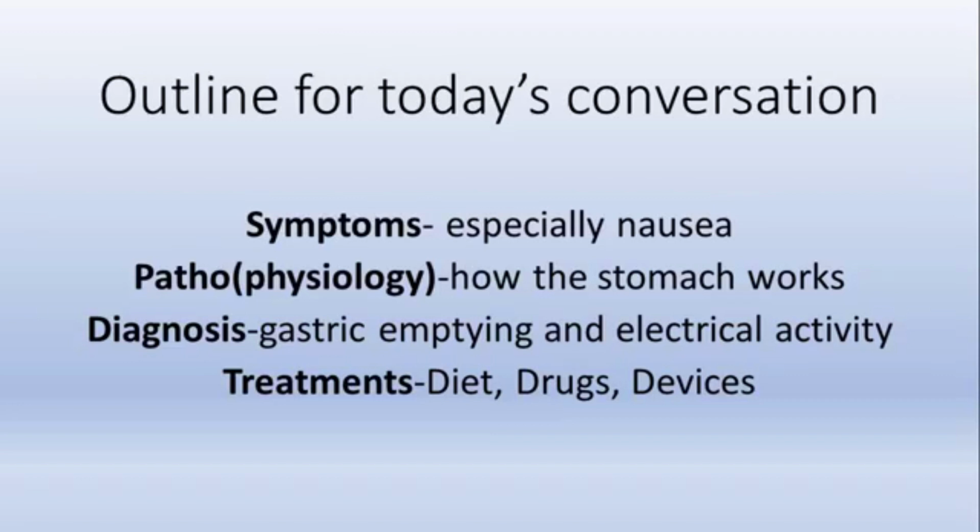In diagnosis, we're going to talk mainly about gastric emptying and the gastric electrical activity. And the treatments, diet, drugs, and devices is how I divide this up. We're going to take about 30, 35 minutes to go over this, and then I'm going to be looking for your questions about this material.